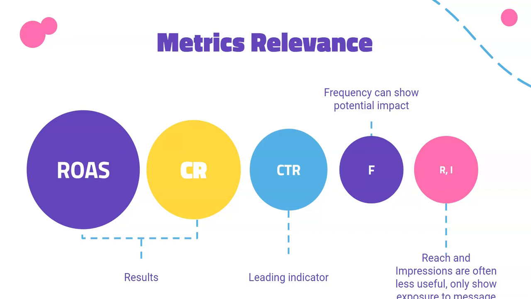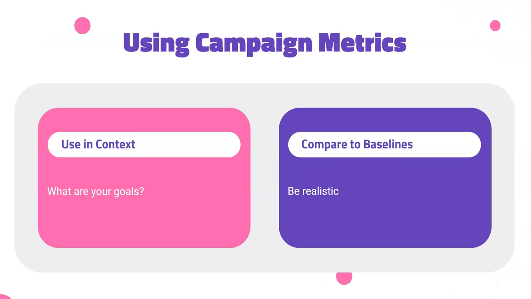Frequency can show potential impact. People are seeing your ad. It tells you how often your ad is being seen. And together with reach and impressions, it's a less useful metric, but it does tell you that people are getting exposed to your message, and that together with other metrics could start to give you some indicator that your ads are successful in reaching your audience.